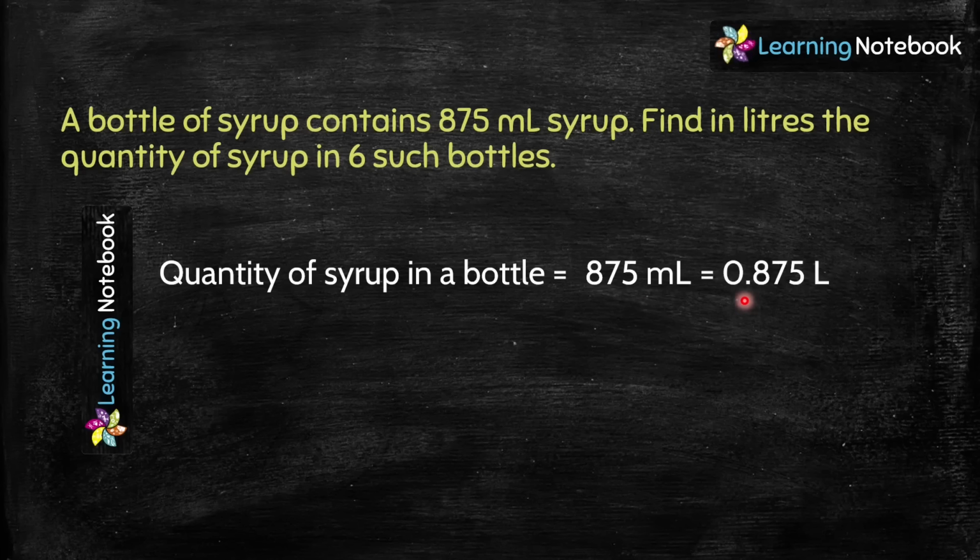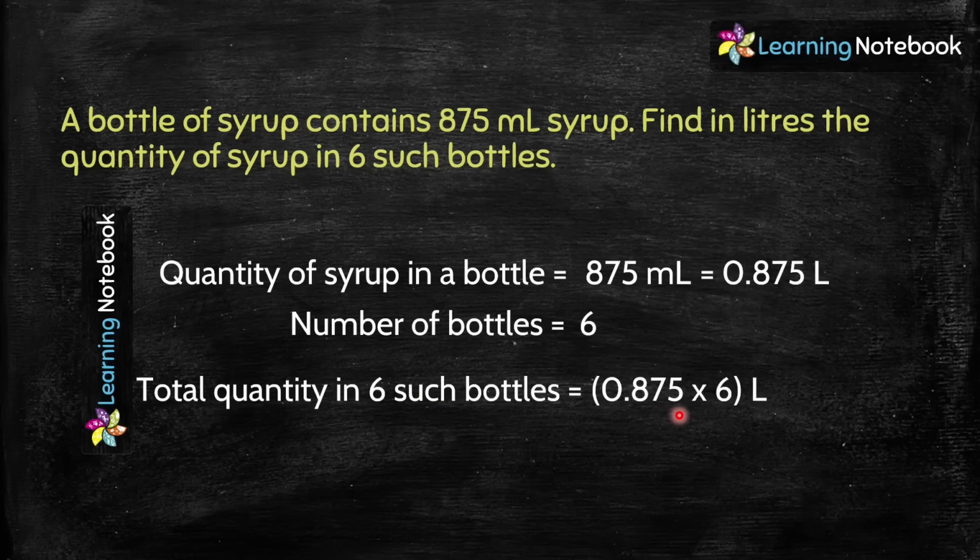Number of bottles is given as 6. So to find total quantity of syrup in 6 bottles, let's multiply both these numbers.